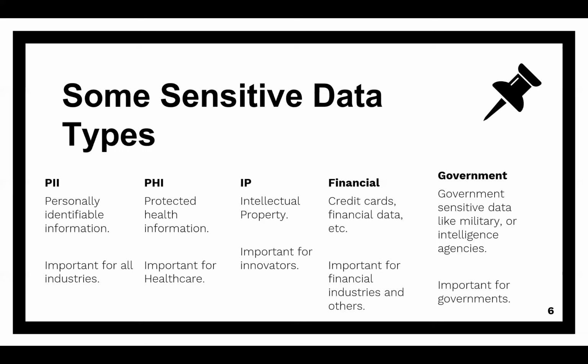Intellectual property, or IP, is really important for innovators. Financial data is again important for all financial companies and a lot of other companies and organizations, right? So things like credit card data, financial data, and so on. And finally, government data. There is sensitive information that is only important for government bodies like military or intelligence agencies and stuff like that. And it's really important for government.